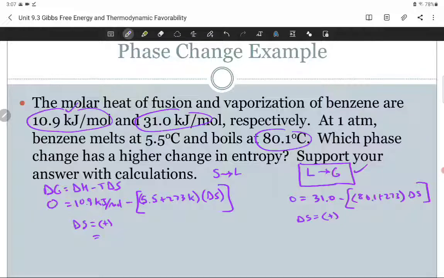And are they? Yes. And by the way, the delta H is in kilojoules, but if you leave your delta S in kilojoules, you're going to get a really tiny answer. So traditionally people don't. They multiply it by 1,000 to get it into joules.